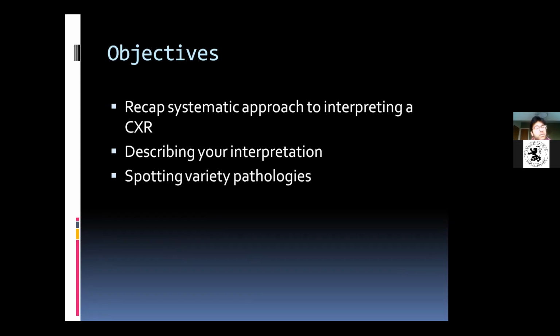Remember, chest X-ray is a very quick modality, but it's not the best modality. It's just fast, and therefore you can spot acute findings very quickly. Then I'm going to give you that same X-ray again and ask you to describe your interpretation again, and see how different it is after you've spotted these various pathologies and seen what you're meant to look for.